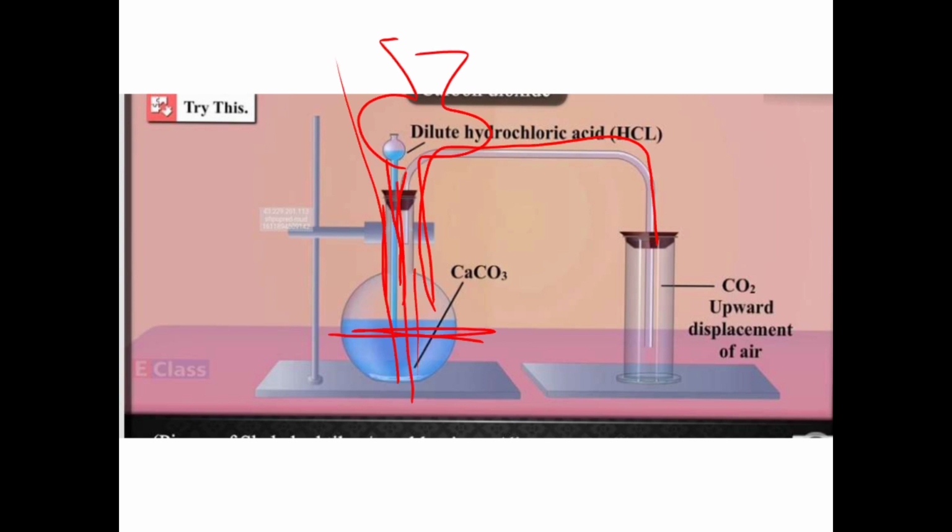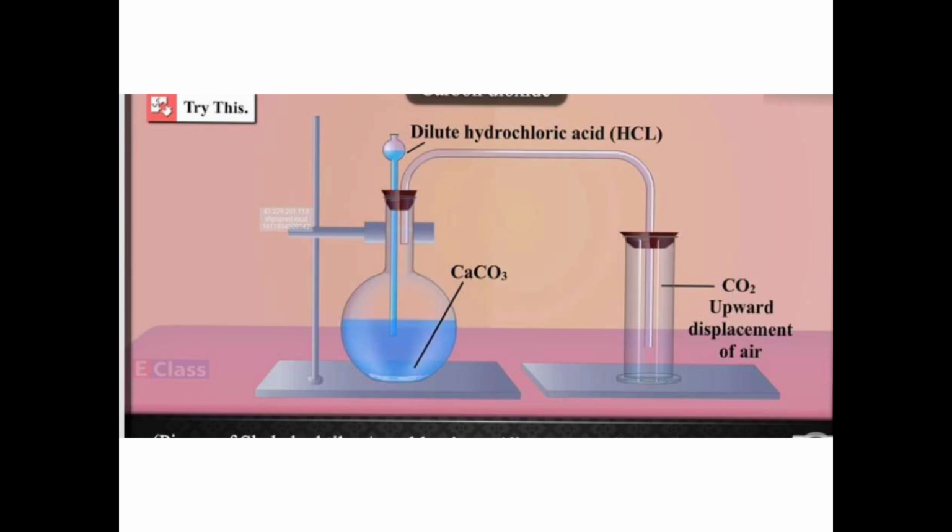So what will happen, the carbon dioxide gas will not go through the thistle funnel, it will go through this delivery tube only. Okay, so remember that all the time. Moreover, this delivery tube should be up, it should not be inside the water. Otherwise both would be the same. So when you draw the diagram, this has to be like this, and this has to be deep inside the solution.